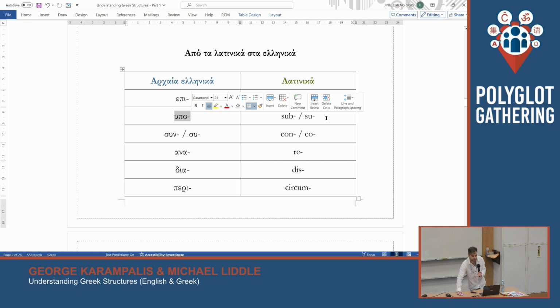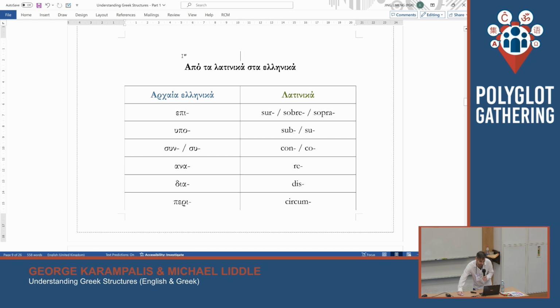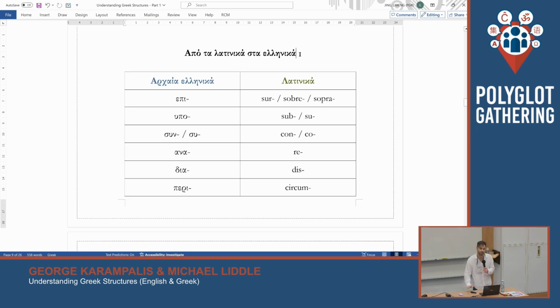Υπό, does it ring any bell? Υποθετικά, υποθερμία, υποκρισία. Υπό σημαίνει κάτω, under.